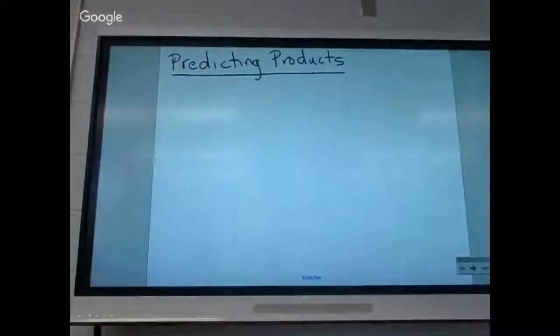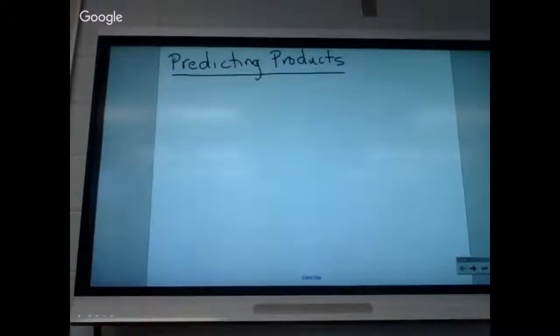All right. So we're going to talk about predicting products for the rest of class. We're going to learn to do 2 types, and they both work the same way. So it should hopefully alleviate some of their stress.